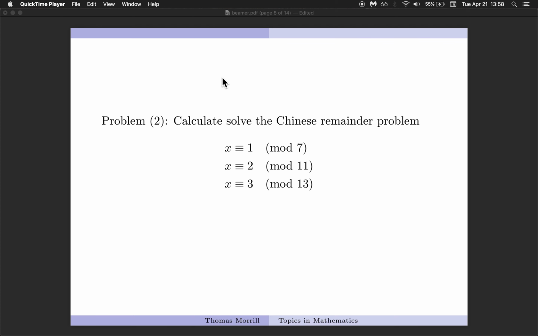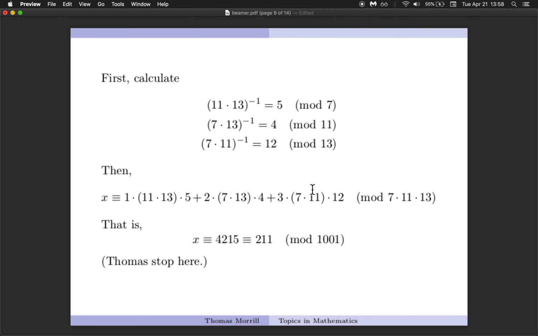The method that I've taught in this class is to take each of these moduli, and for each one, so integers mod 7, integers mod 11, integers mod 13, we're going to calculate certain multiplicative inverses.